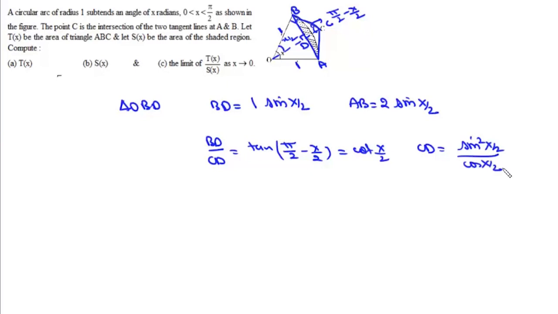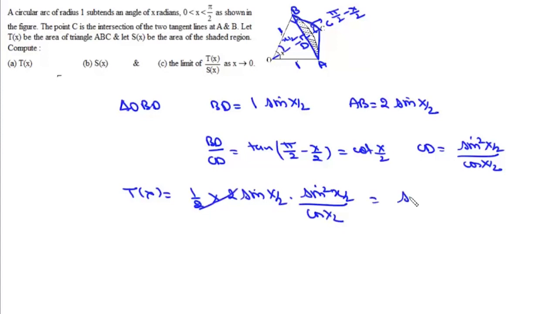Now once we have AB and CD, we can write this Tx, which is the area of triangle ABC. So this Tx will be 1 by 2 into 2 sin x by 2 into sin square x by 2 upon cos x by 2. I'll cancel. So we'll get this as sin cube x by 2 upon cos x by 2.